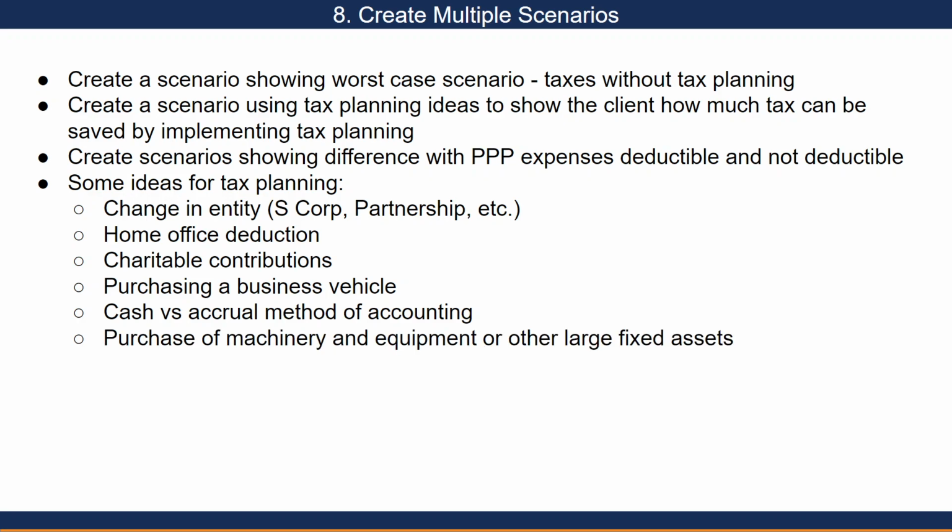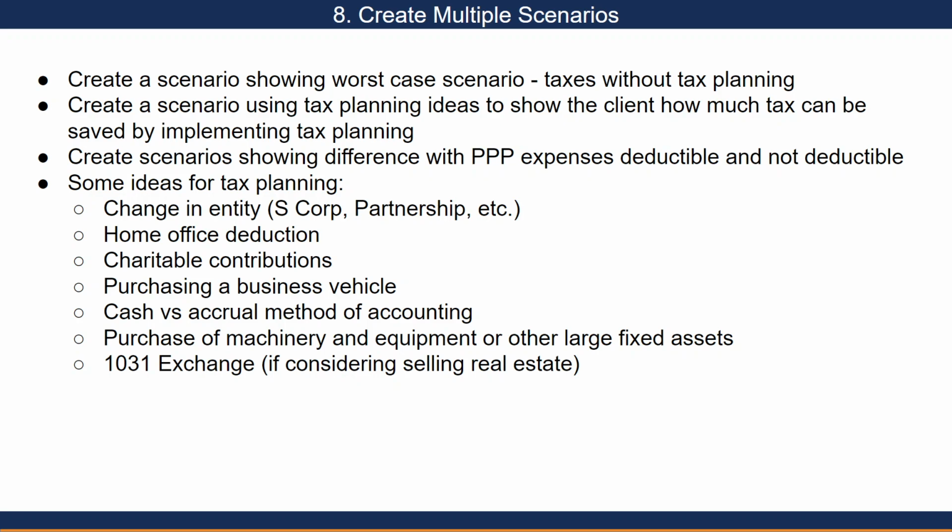Then purchase of machinery and equipment or other large fixed assets. So maybe they're looking at a piece of machinery or something that they need, and you can run a scenario showing what it would look like if they bought that piece of machinery or equipment in their business. Now, if they have some real estate and they're thinking of selling it, you can run projections and scenarios showing, okay, this is what it looks like if you do a 1031 exchange.